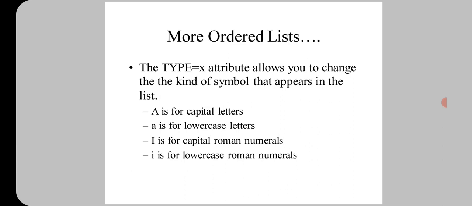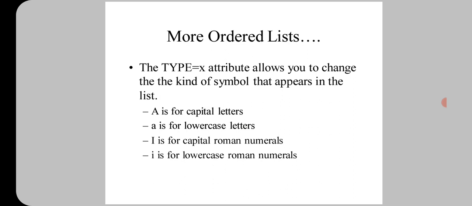If you specify type equals capital A, it is used for capital letters, and if you specify type equals small a, it is for lowercase letters. If you specify type equals capital I, it is for Roman numbers, like Roman 1, Roman 2, Roman 3.